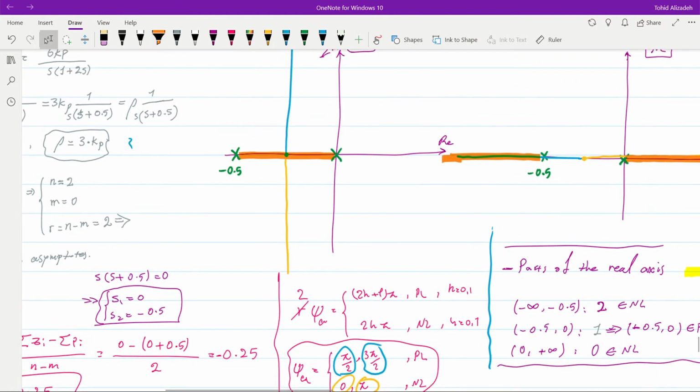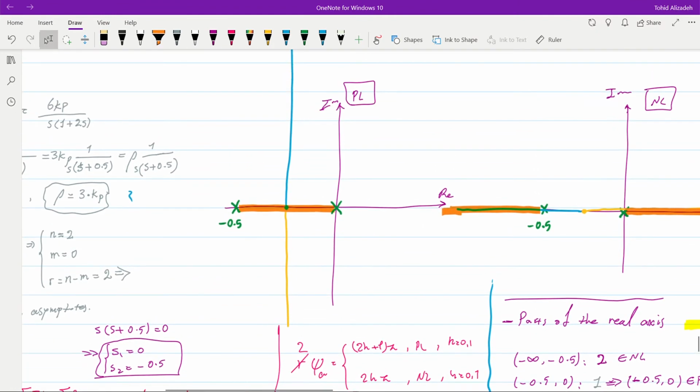And we know that our branches will originate from the poles. So I think you can see it over there, yeah? We will have one branch originating from the pole at the origin, and then it will move on the real axis. The other one will originate from the pole at minus 0.5. It will move towards the other branch, indeed.